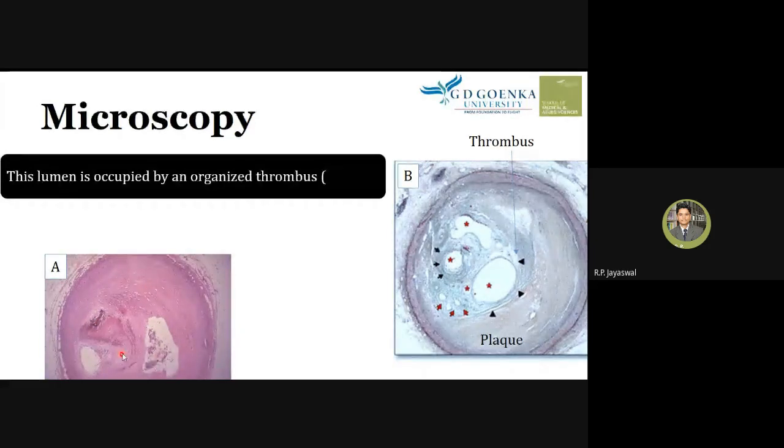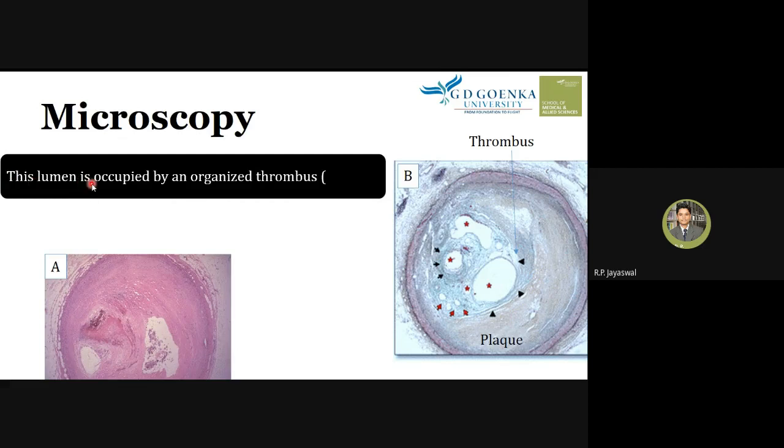In these two images, image A and image B, in image A two lumens or channels have formed, whereas in image B multiple channels have developed, which will allow blood flow through each and every channel.